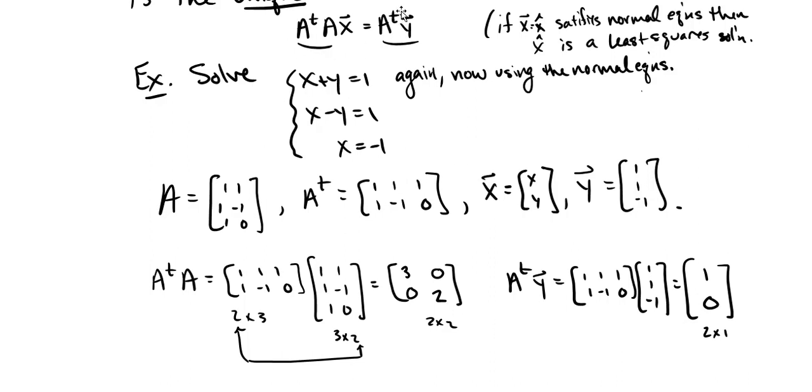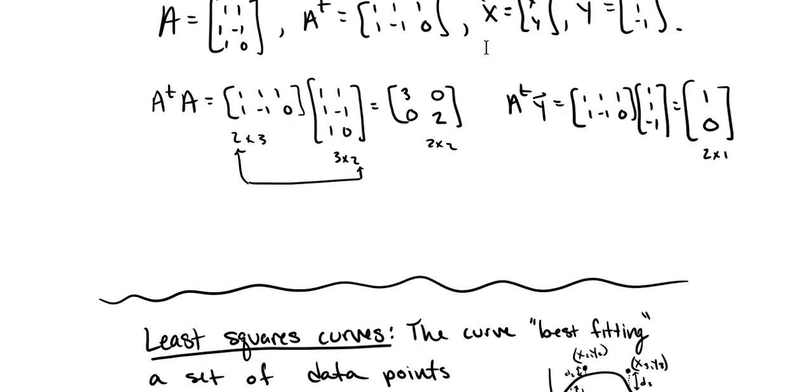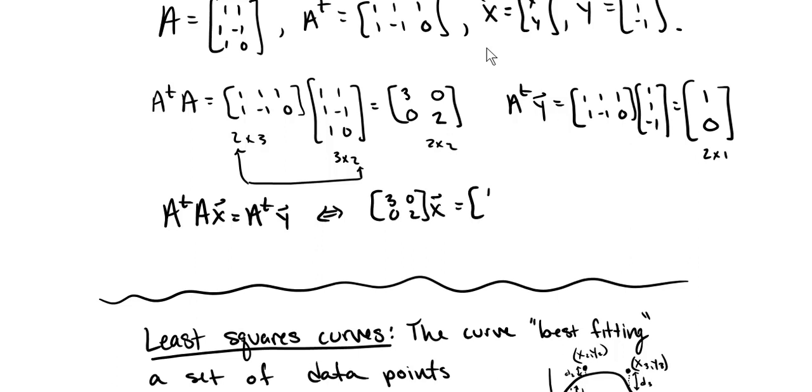We have A transpose A. We have A transpose Y. Let's set up our system and solve. A transpose A times x hat equals 1, 0. I should write my x hat here because the least square solution is what we get out of this. Then I'm just solving this, but this is super easy to solve. We could unpack right here and say 3x equals 1 and 2y equals 0.